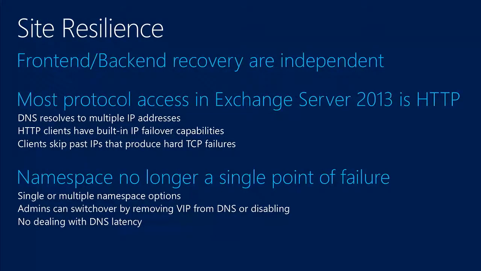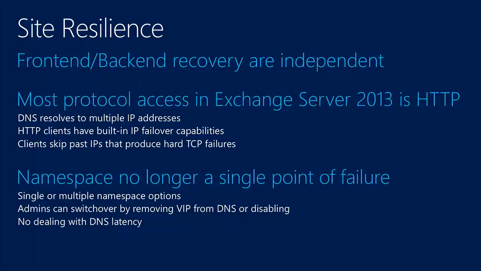The other significant change is that now most protocol access for the clients into Exchange is all HTTP based. Okay, so Exchange ActiveSync, Outlook Web App, Exchange Web Services, OAB, Remote PowerShell, Outlook, the Exchange Admin Center. These are all HTTP clients.